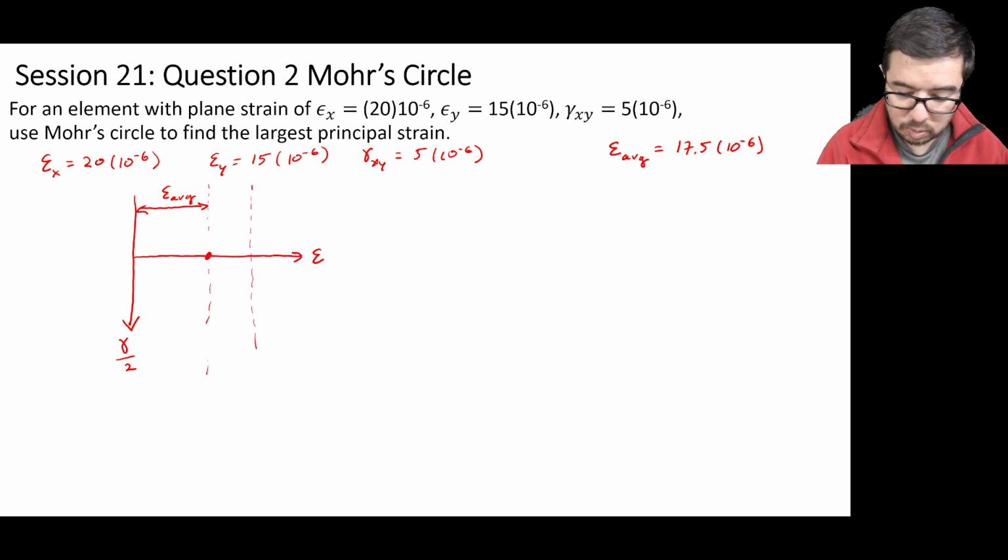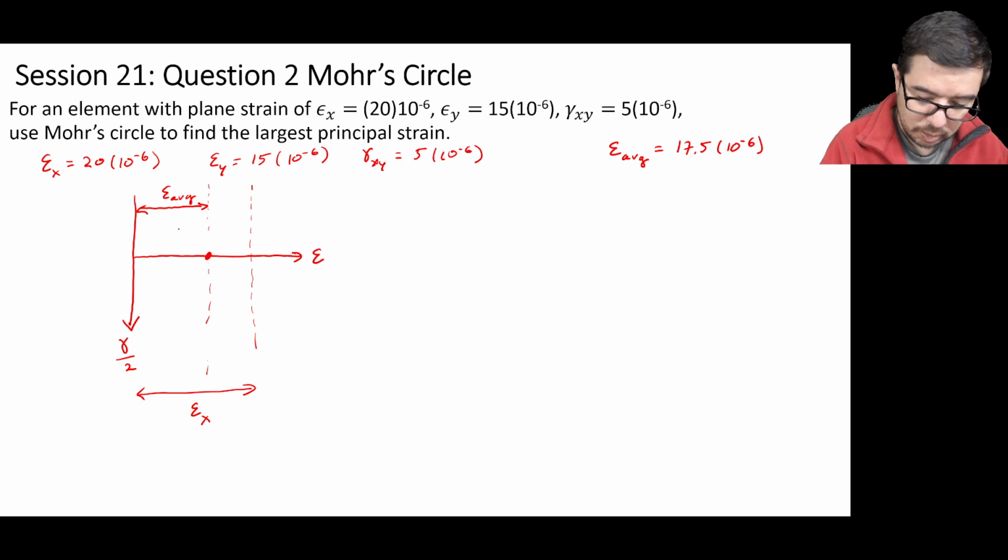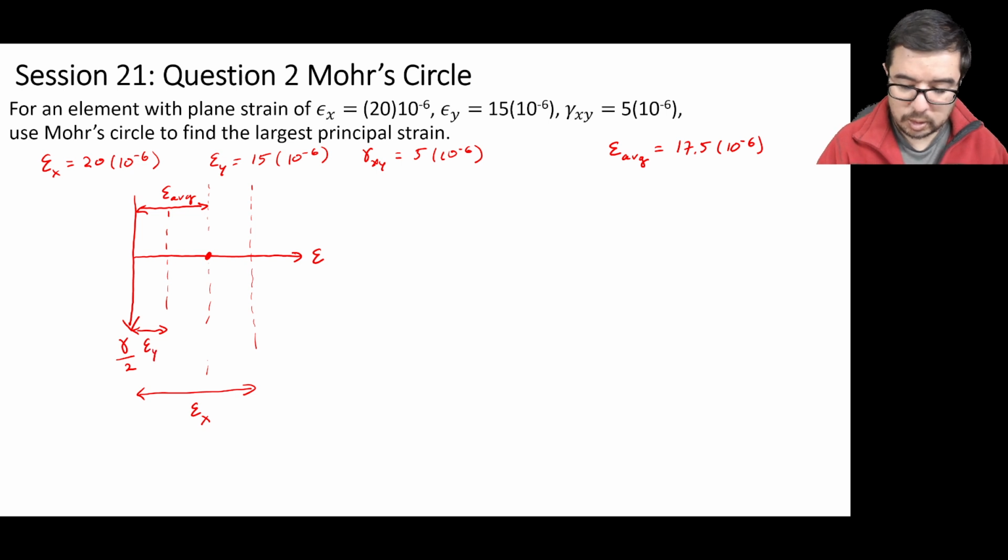Okay, so this is going to be the epsilon x, and then we'll have another dashed line, here, like that, this would be epsilon y, like that.